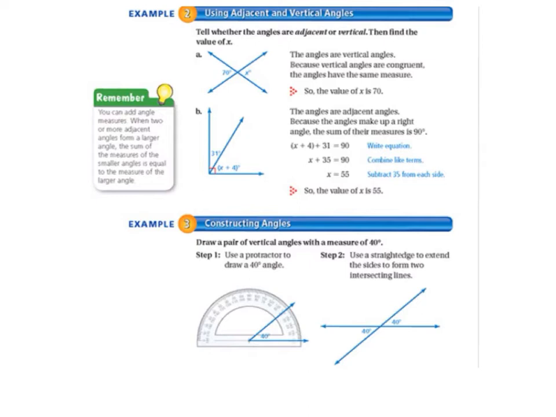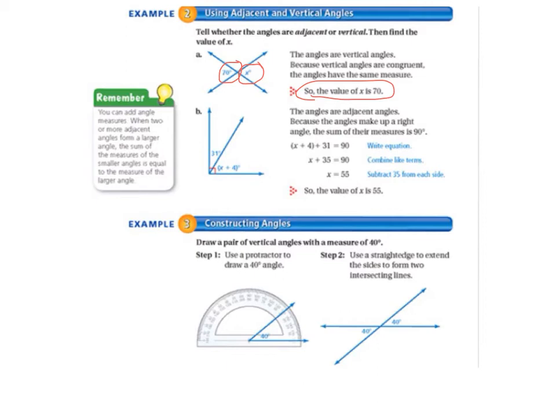So if we look at the angle here, and we look at our missing angle measure, x degrees, the value of x is 70 because we know that vertical angles have the same measure. So if the angle opposite from x has a measure of 70, then we know that the measure of x is 70.